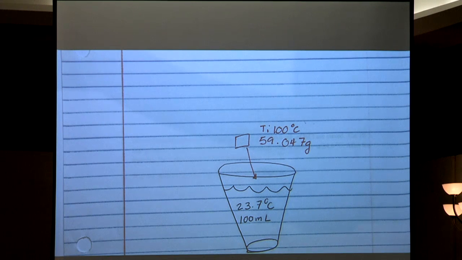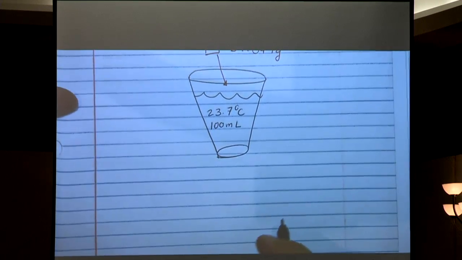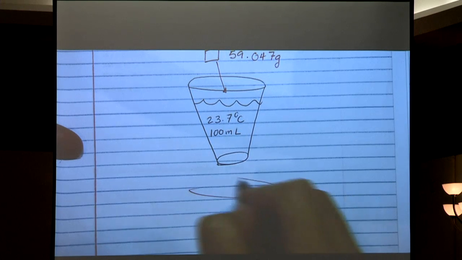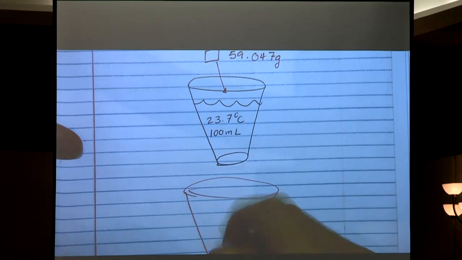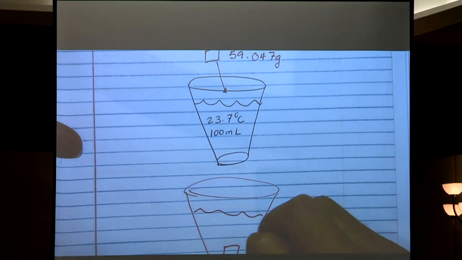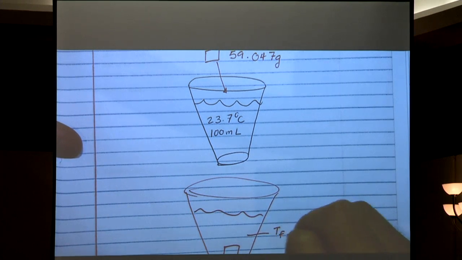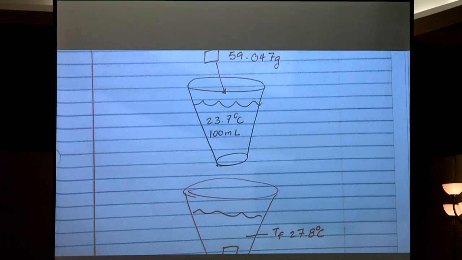So when it's all said and done, our metal in the water is at a final temperature of 20.8 degrees Celsius. Okay, so what does it mean to come to equilibrium?